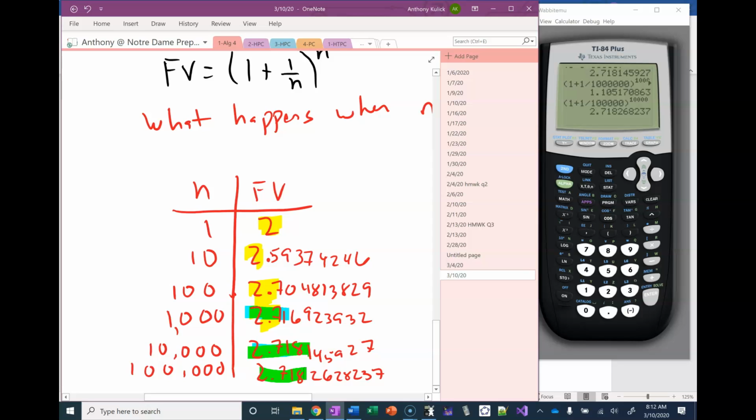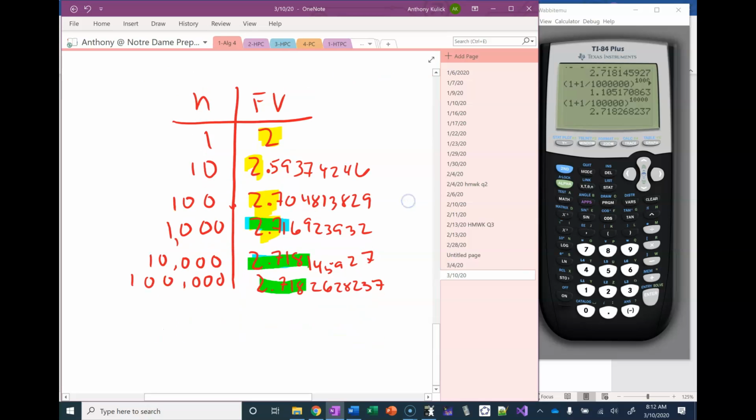And we could keep doing this, picking bigger and bigger values of n, and get more and more digits of whatever this number is. What I'm going to do here real quick is just pick the biggest number that can fit into my calculator, which is 1 times 10 to the 99th.